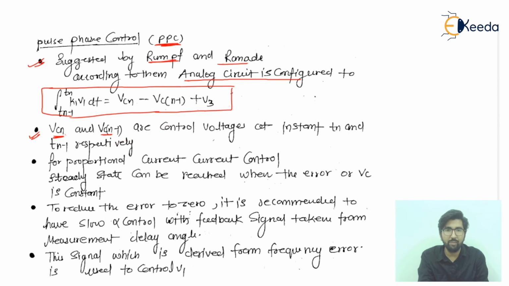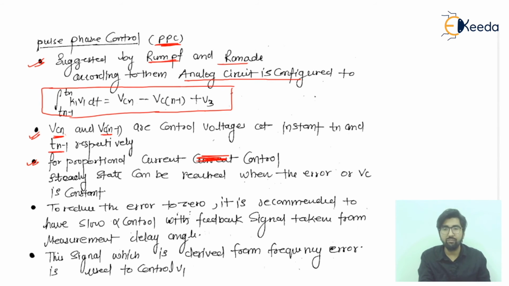Whenever we had the time Tn, according to that we will have the control voltage VCN, and if we take the time Tn-1, we will have the control voltage VCN-1. Now, for proportional current control, the steady state can be reached when the error or the VC is constant.